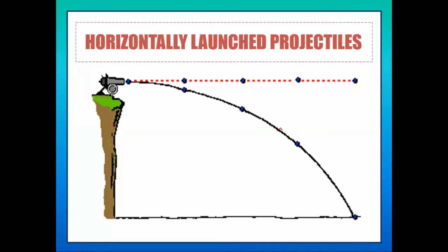This is now your parabolic path. In reality, when gravity is switched on, the motion of the cannonball will be like this. So it creates a parabolic path. This is one of the characteristics observed for projectile motion.